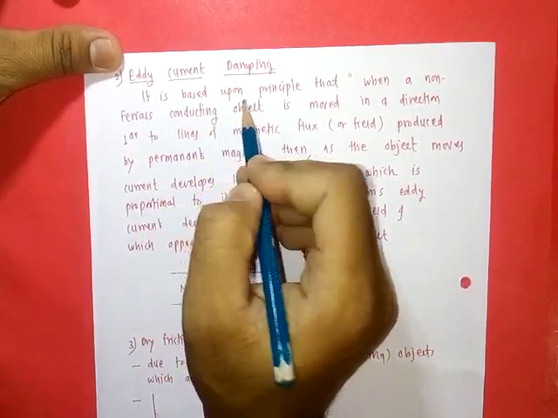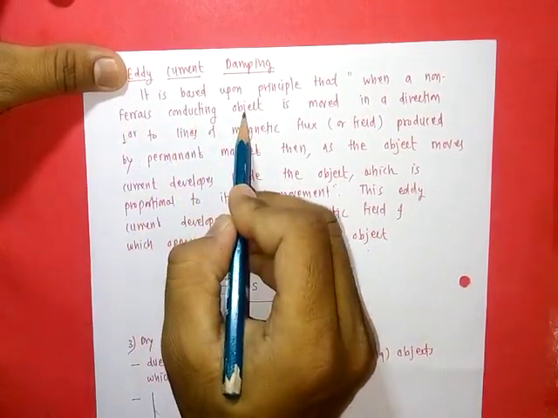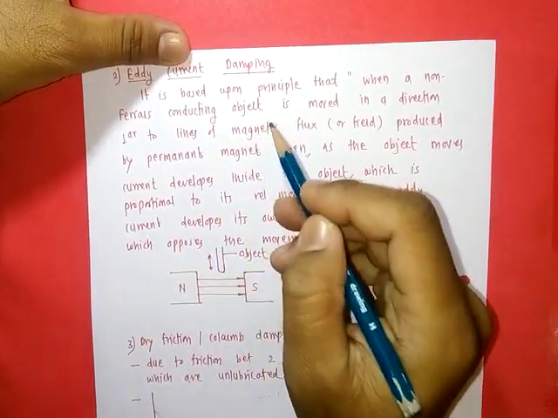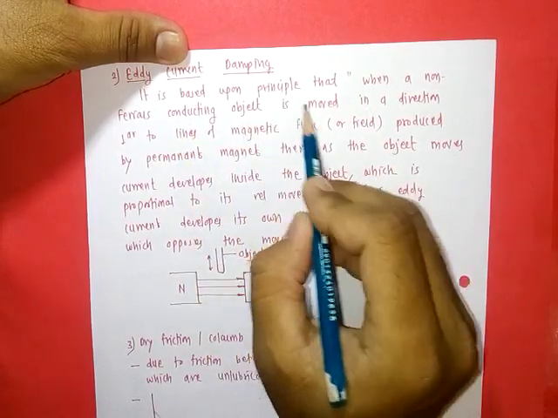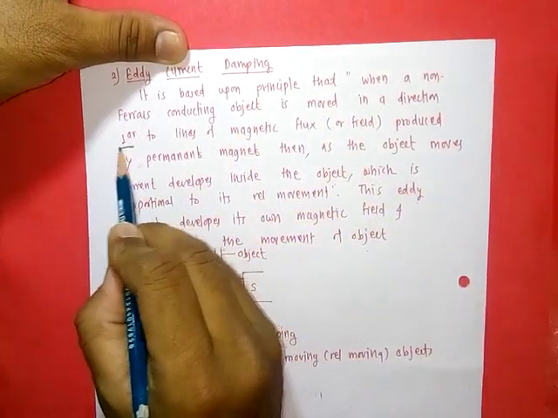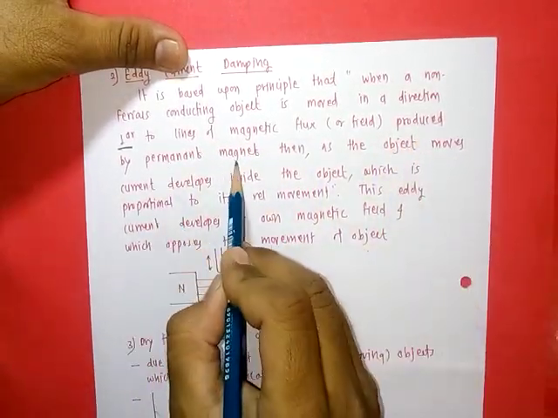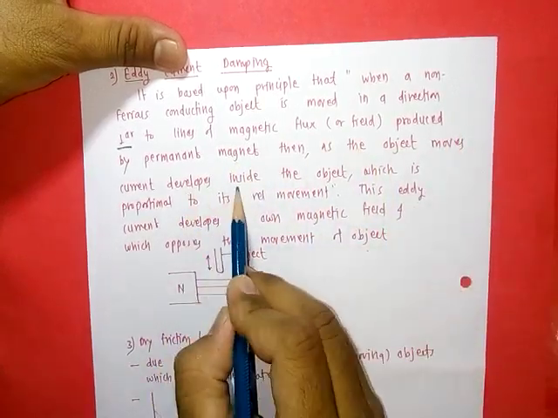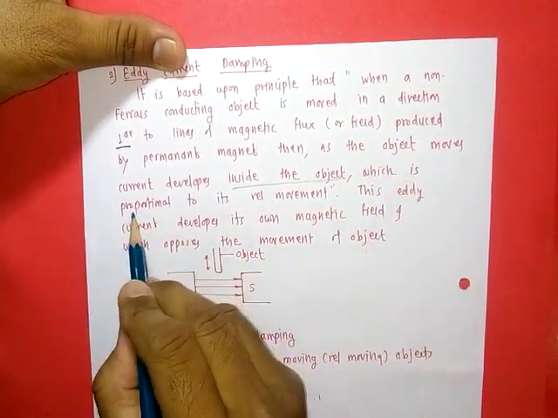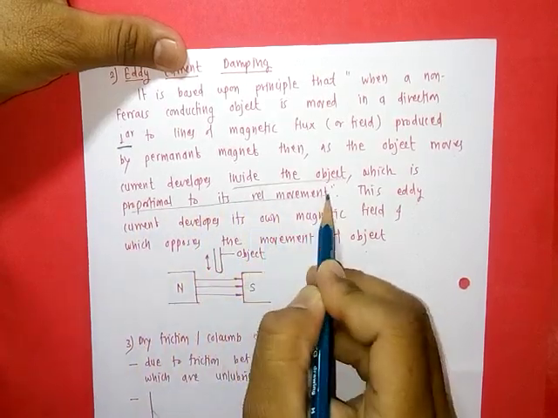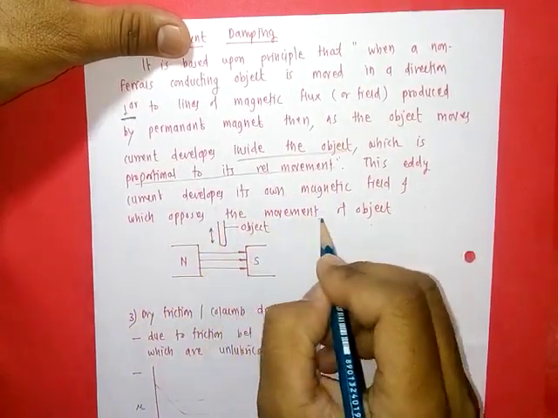It is based upon the principle that when a non-ferrous conducting object, for example a copper plate, is moved in a direction perpendicular to the line of magnetic flux or field produced by a permanent magnet, then as the object moves, current develops inside the object which is proportional to relative movement, and this eddy current develops its own magnetic field which opposes the movement of the object.